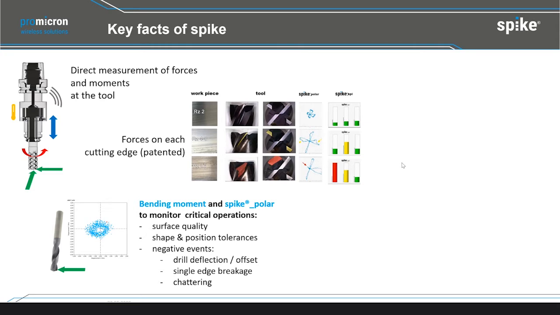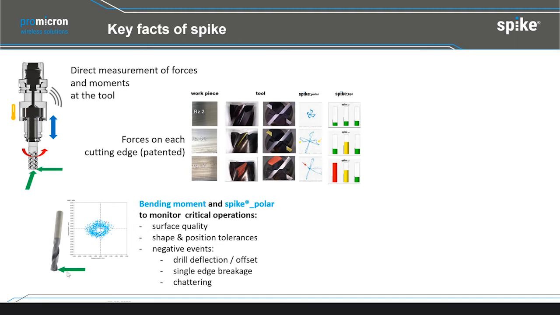The second benefit is that with the bending moment and Spike Polar, we are able to monitor the critical operations, especially also in drilling. We don't only measure feed force and torque, we also measure the side forces acting on the tool.